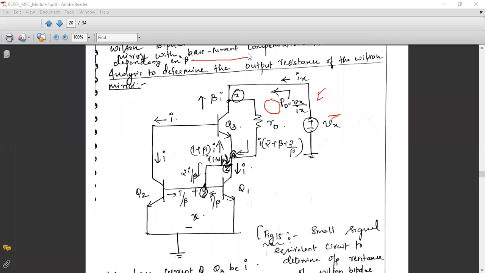Output resistance can be calculated by inserting a test source, called Vx, at the output terminal. Where is the output? You're taking the output from Q3. So this is acting as a load terminal at which we will connect the test source Vx. From Vx, we have a current Ix, and the ratio between Vx and Ix is called capital R0. Now we are going to find this ratio by using circuit analysis. Clear?